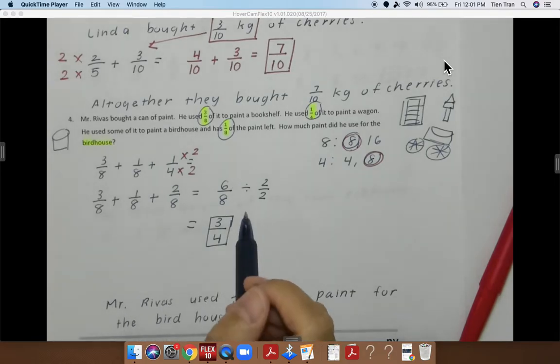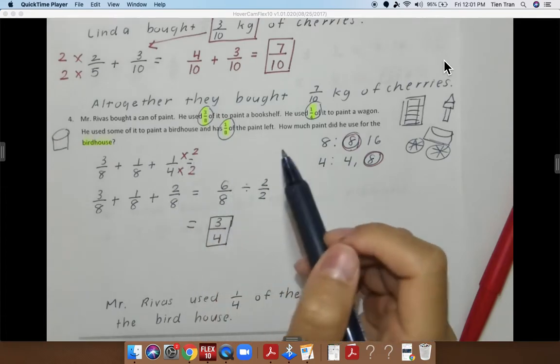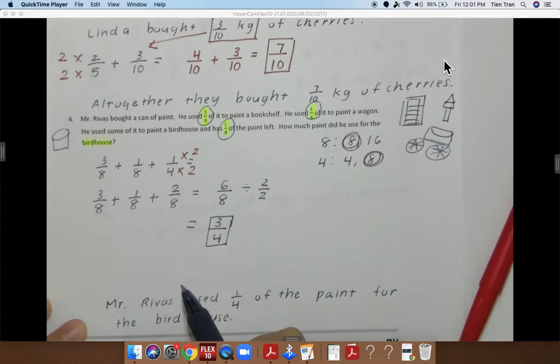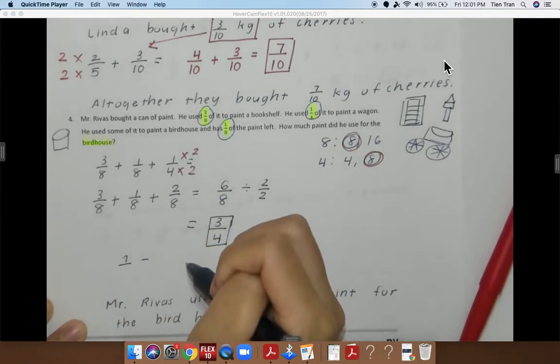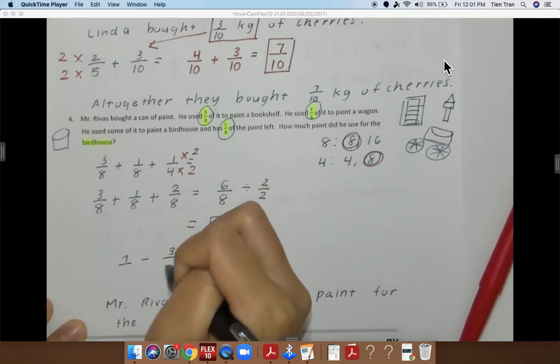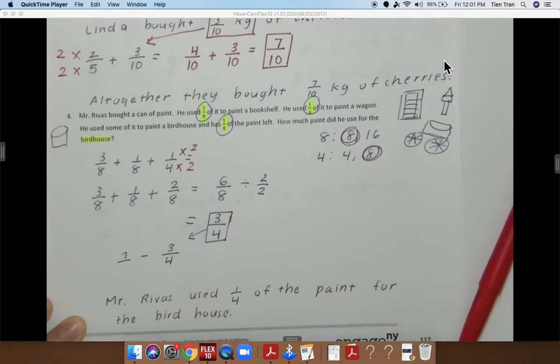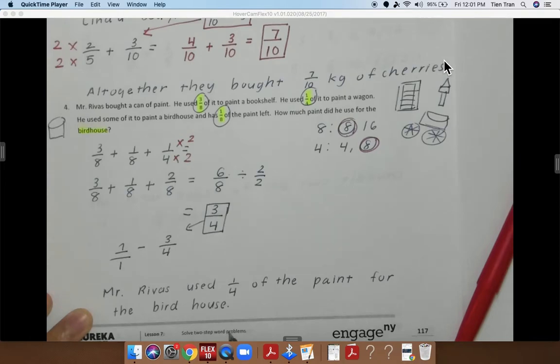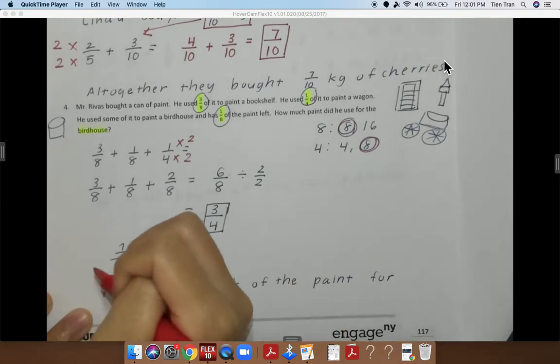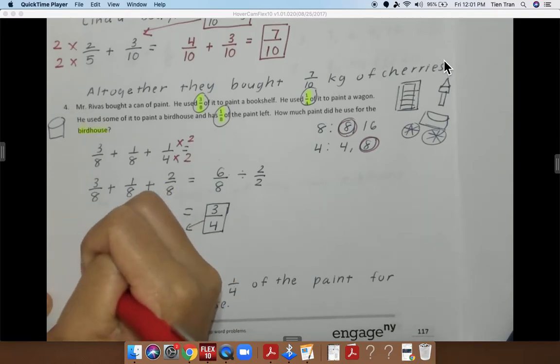But I'm not quite done yet because this is how much paint he used for the birdhouse. To figure that out, I'm going to subtract 1 whole minus 3/4. Where did I get 3/4? Right there. So to change 1 whole into a fraction, I can put 1 underneath. So I have 1 over 1 minus 3/4. To get the same multiple, I can multiply by 4.